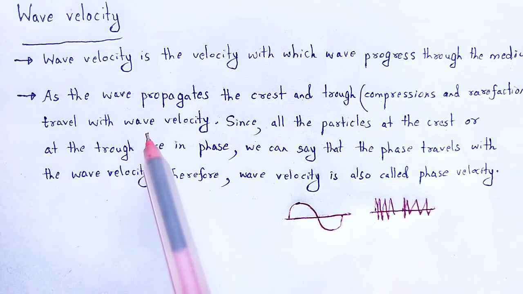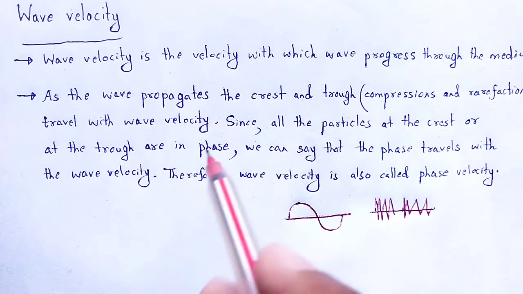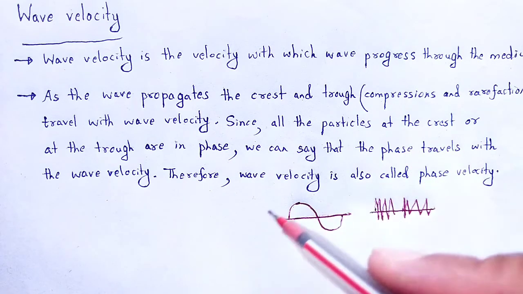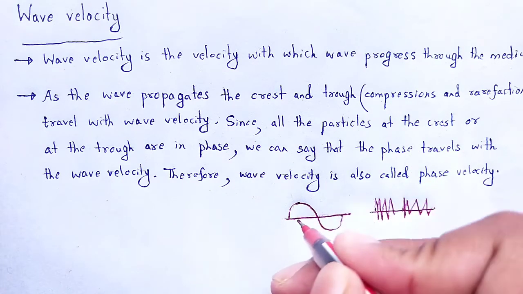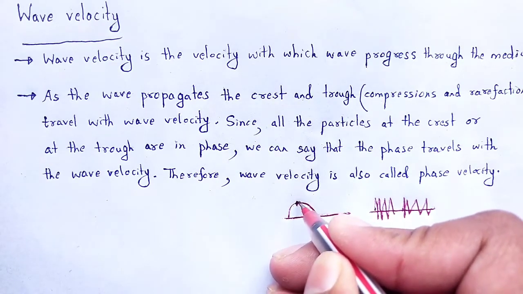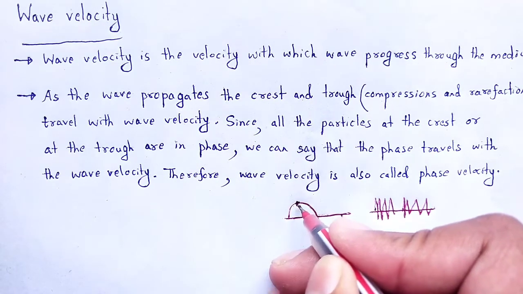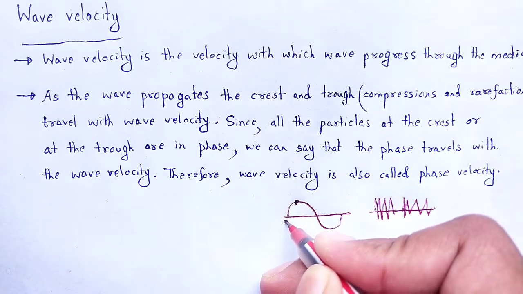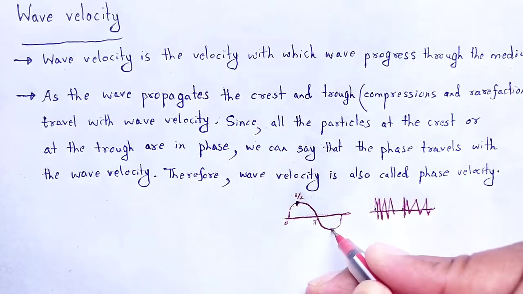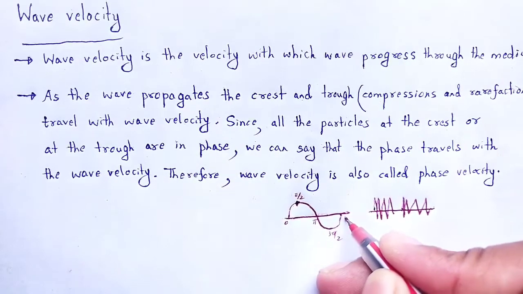The compressions and rarefactions travel with wave velocity. Since the particles at the crest or at the trough are in the same phase, look at that particular graph. Here the phase is 0, here pi by 2, here pi, here 3 pi by 2, here 2 pi.